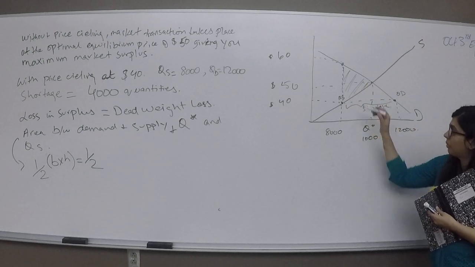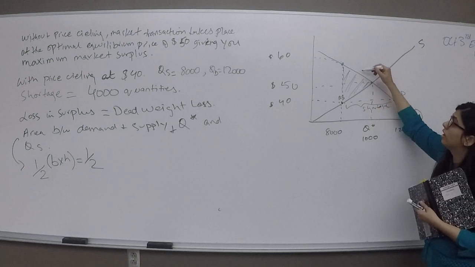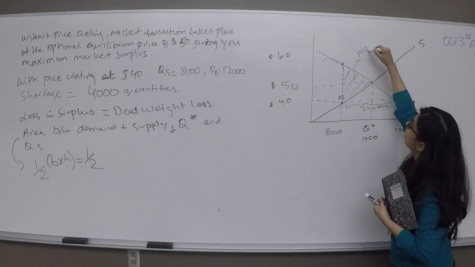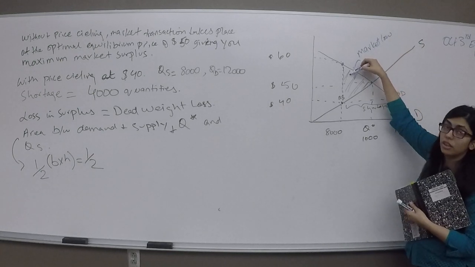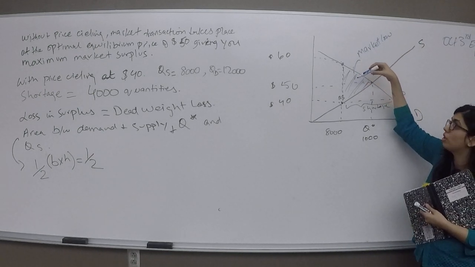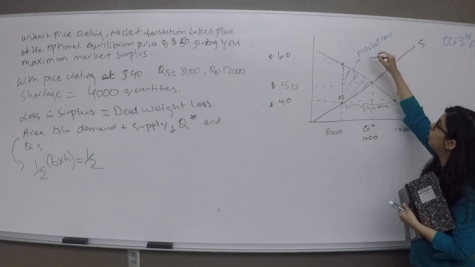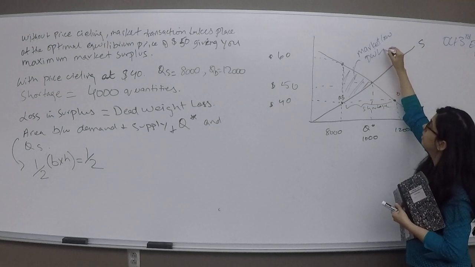I'll talk about that later, but this is the market loss. Part of it is the consumer loss, part of it is the producer loss, but this is market loss called deadweight loss.